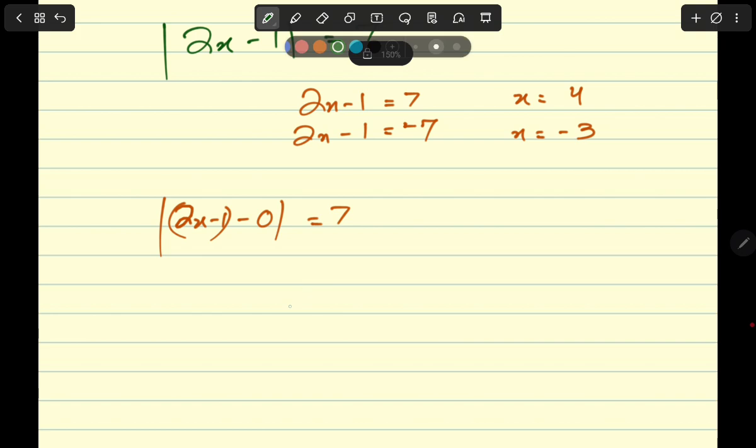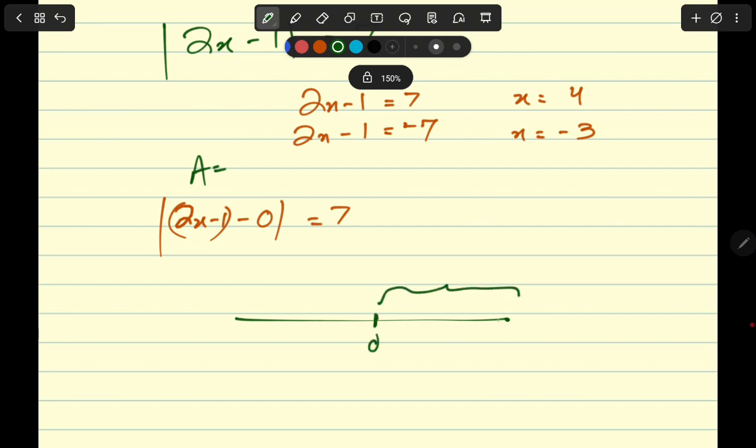So basically what you're doing is, the variable is 2x minus 1, and I can also substitute a for this, right? So I'm saying that the value of a, therefore, is 0, and this is 7, and this is 7.